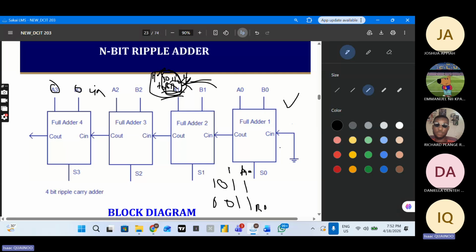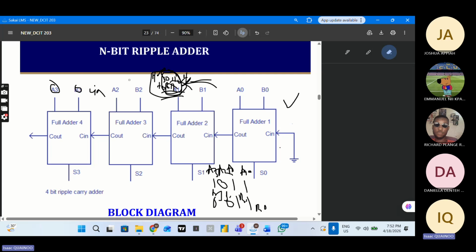So repeat the same thing for the rest: A1, B1, and so on. So here it becomes A2, B2. Here becomes A3, B3, in just the order that is arranged here.